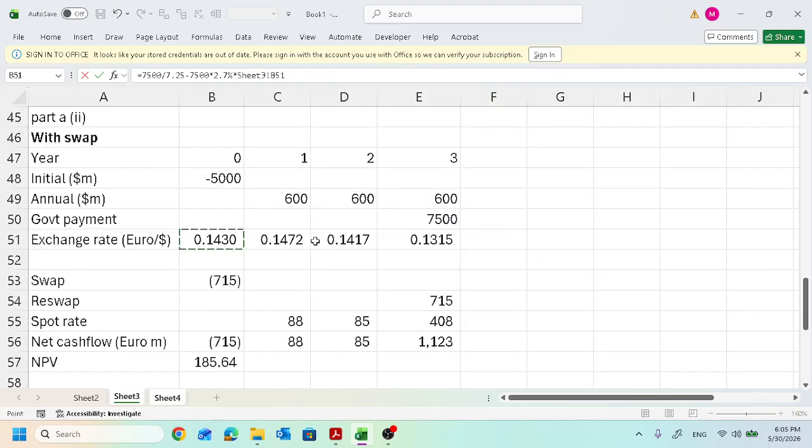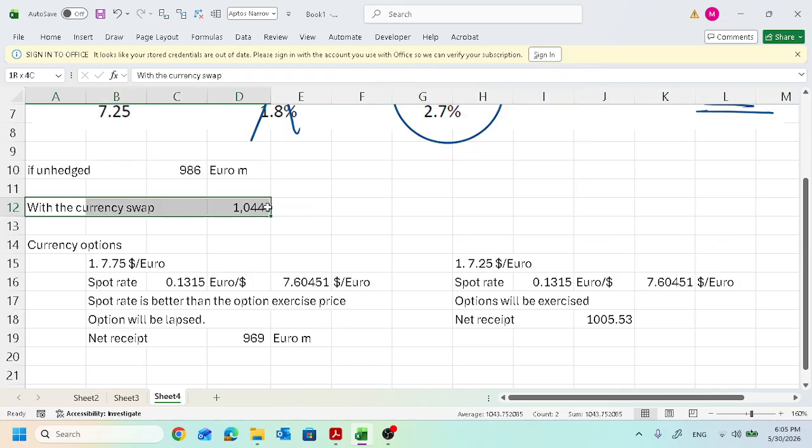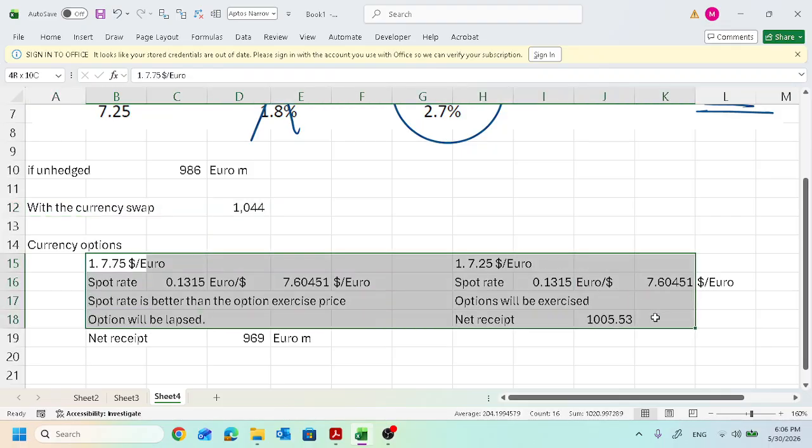So 1,005 you are receiving, or 1,006. Still, the currency swap looks better. With the currency swap, you are getting 1,044. Correct? So whichever option you take, it is not as worthy as the currency swap.